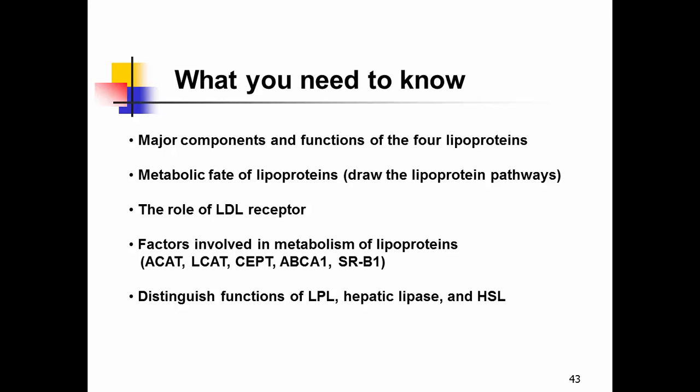The important enzyme secreted from adipose tissue that can hydrolyze triglyceride in chylomicron is, remember, LPL, right? So the adipose tissue picks up fatty acids and re-esterifies them back to triglyceride and stores it in the adipose tissue.